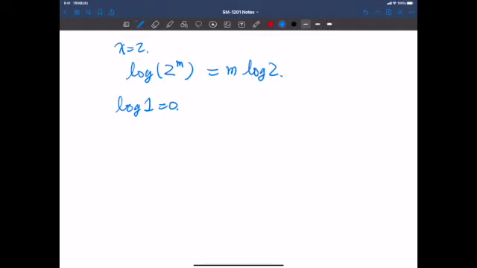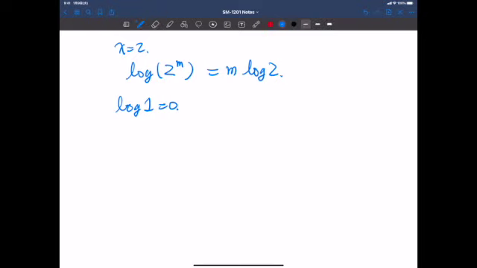So this means log of 2 is positive. And if we increase the value of m, then this value can be an arbitrarily large positive value.